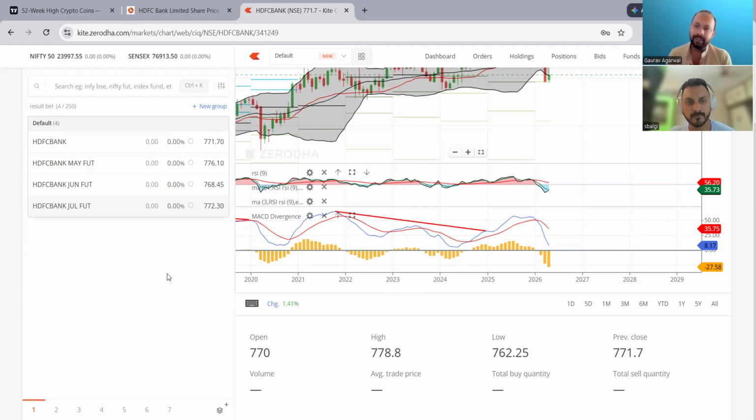But since we have time, the price may keep on changing in between because still we have 2 months remaining, right? And for stocks, we have monthly expiries. Like for May, the contract will expire at the end of the month. For June, the contract will expire at the end of June. And for July, it will expire at the end of July, last Thursday of every month.